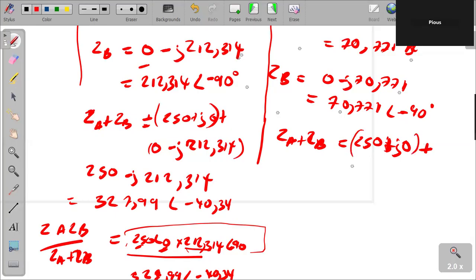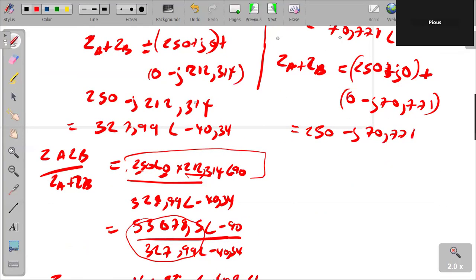Plus 0 minus j70.771, and that will give us 250 minus j70.771. Simply changing that to polar, that will give us 259.824 angle of negative 15.806.